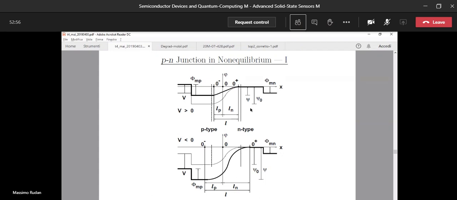On the other hand, the length of the space charge region is almost the same as in equilibrium. It becomes a little bit smaller, but not that much, okay? So we have a substantial change in the potential drop over more or less the same length.